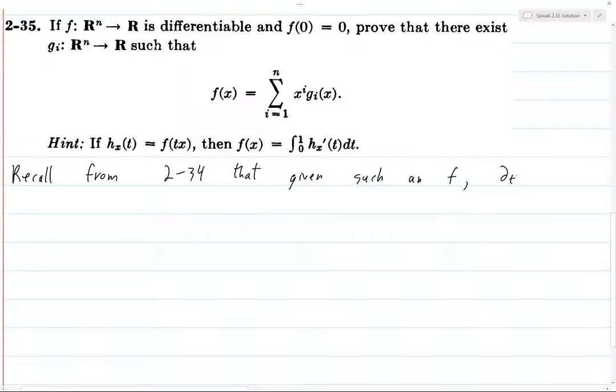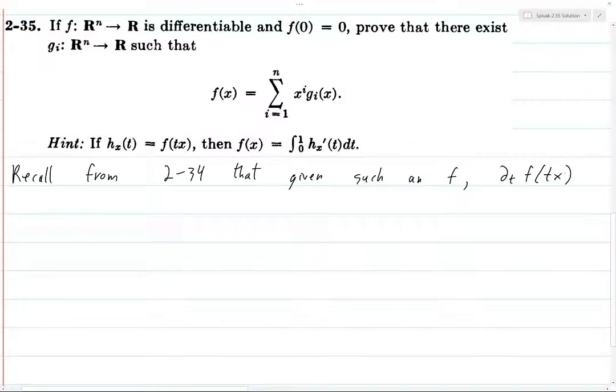Here we're considering f of x times f of t times x, but we're considering it only as a function of t. Normally in that theorem that we used, I think 2-9, this would be just d1 f of t.